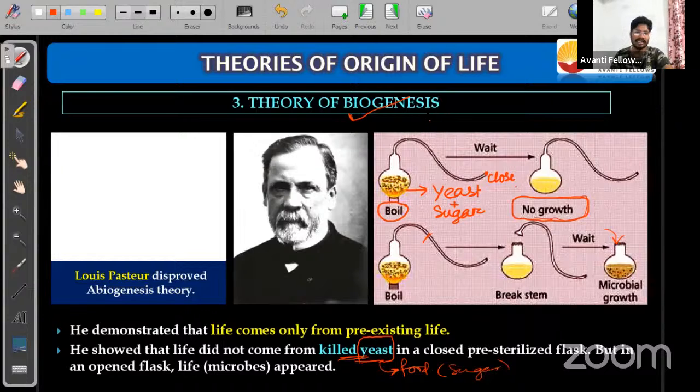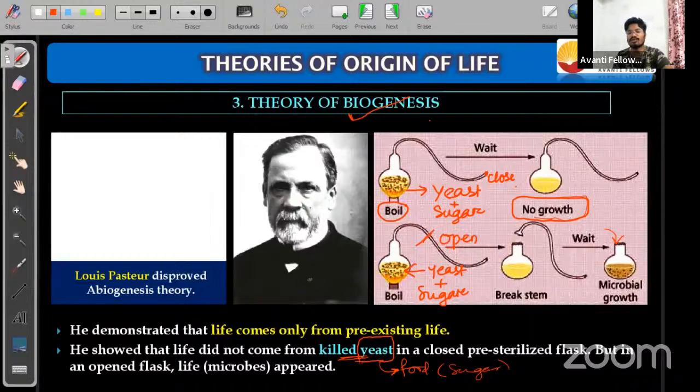Right? Then again he conducted the experiment in some different way. He did the same thing, like he took yeast, he took sugar, boiled it. Okay. Then what he did, he broke the stem, in the sense he kept it open. इसको यहाँ से तोड़ दिया और फिर इसको open रखा.